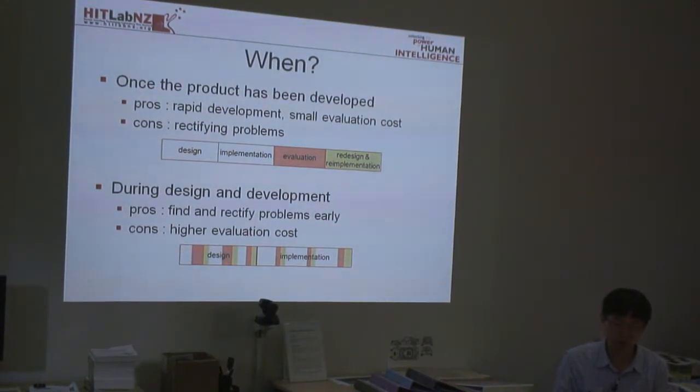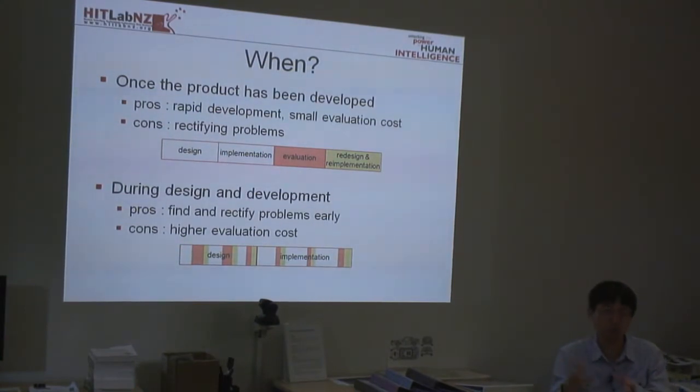One typical way, and we end up in this kind of schedule many times, is that we design something, implement something, then evaluate it, once we've gone through quite a lot of designing and implementation and have a well-developed end product.